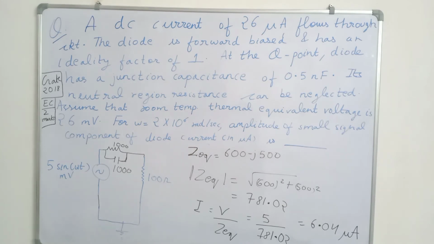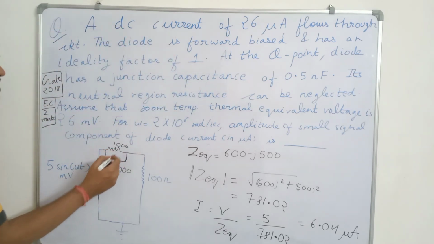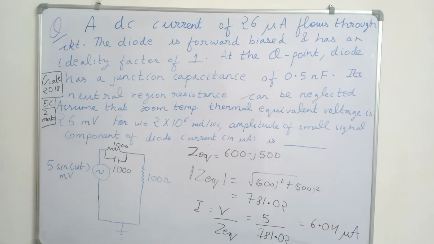So we found the small signal component of diode current by replacing the diode with its small signal model. In its small signal model, it will be a resistance of 1000 ohm in parallel with the capacitive reactance of 1000.